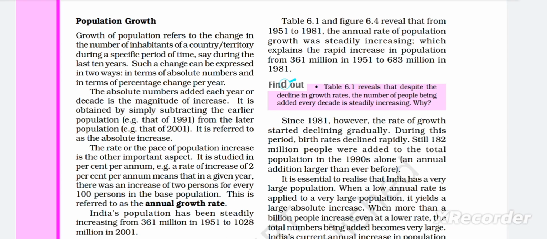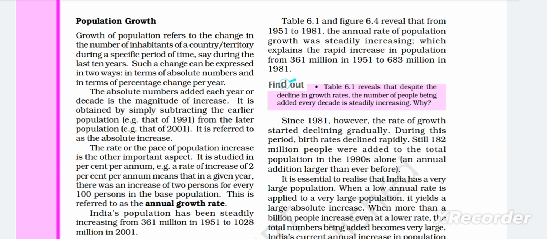The rate or the pace of increase is the other important aspect, because if it is rapid, it is a matter of great concern for that country. It is studied in percentage per annum, that is a rate of increase of 2% per annum, means that in a given year there was an increase of 2 persons for every 100 persons, because it is in percentage of the base population, and that is called the annual growth rate.